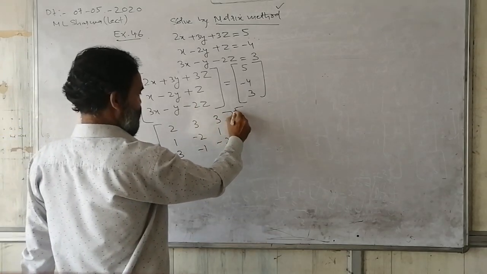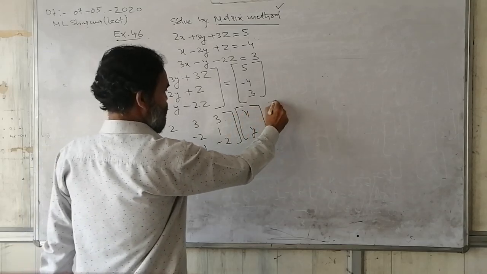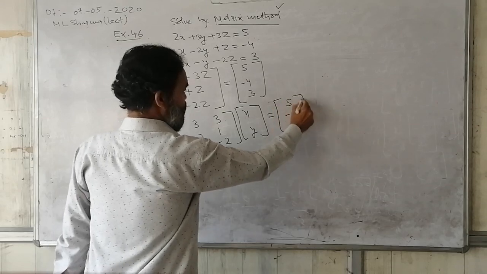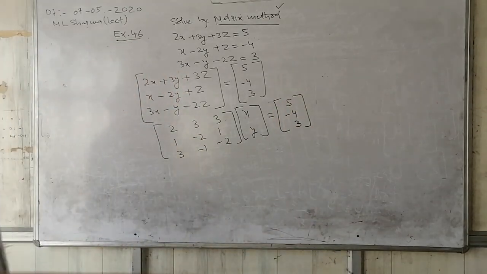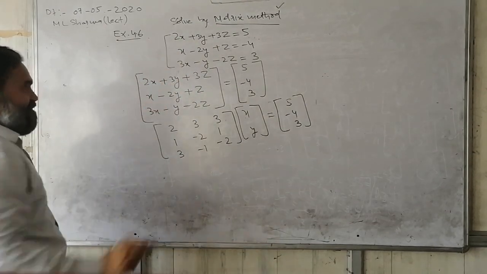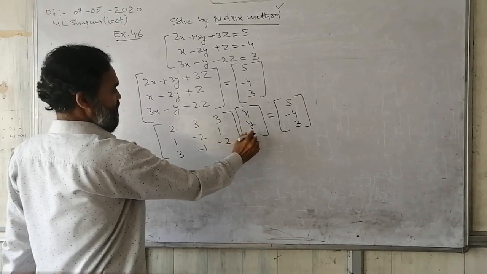So this matrix into x, y, z is equal to 5, minus 4, 3. So again I have written these equations in terms of x, y and z.